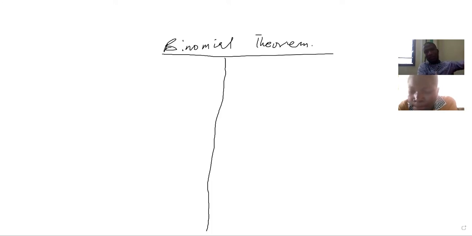So we first of all know about Pascal's triangle, which gives us the coefficients of the various terms we are talking about. Good. And then we can also talk about the combination method, which simply means when we are given anything, we use the combination method to expand, right? Yes. Good.